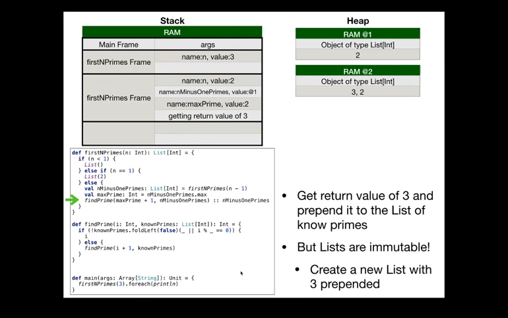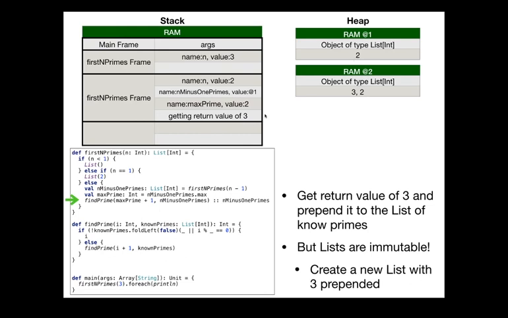We get this return value of 3, and this is where we finally get to see the immutability of lists in action. So we're going to prepend the value 3, find prime, that method call resolves to 3. We're going to prepend 3 to the list by the reference at 1. So we go to at 1, and we're going to prepend 3, but we cannot change the lists because lists are immutable.